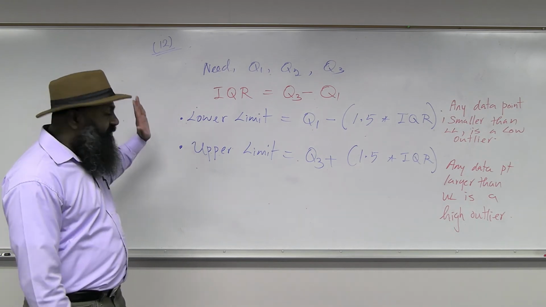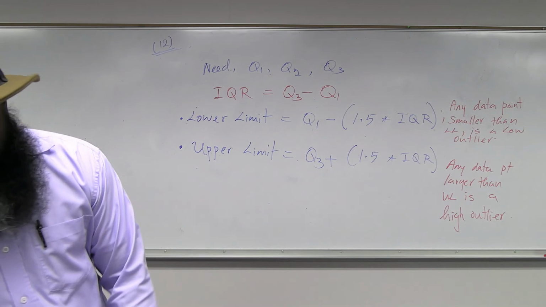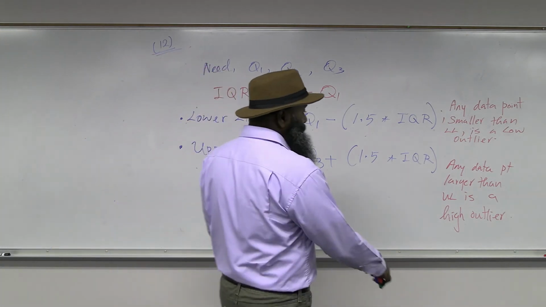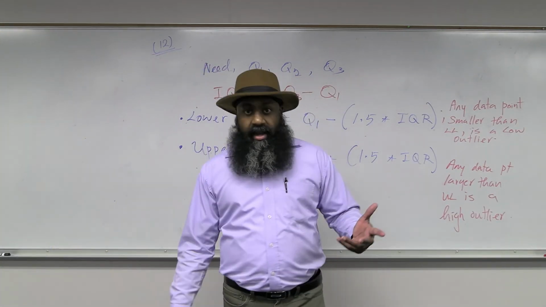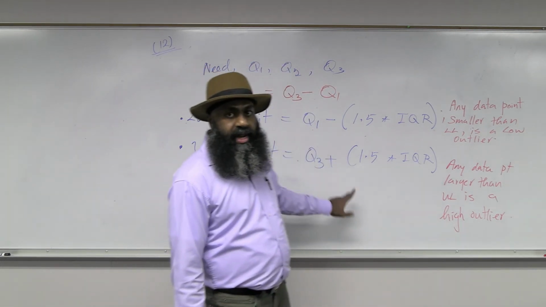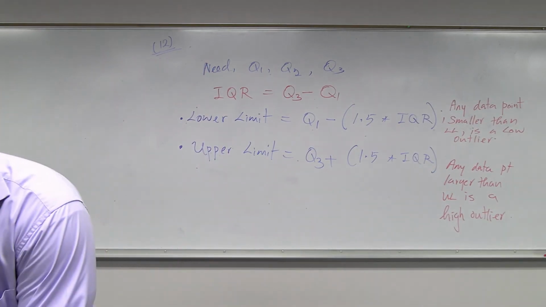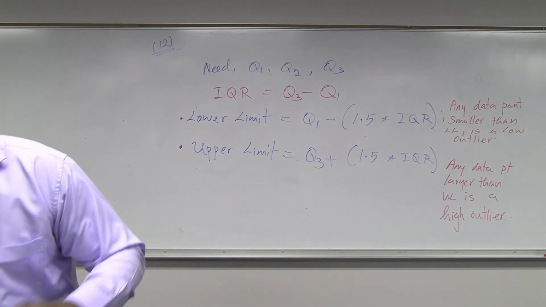That's actually the very first step of analyzing data. Any graphical representations and any calculations of measures of center and measures of variability are done after filtering your data set for outliers. All right, let's move on to the next point.